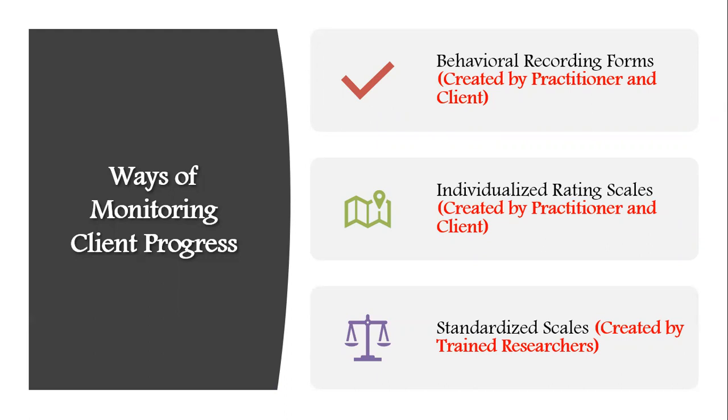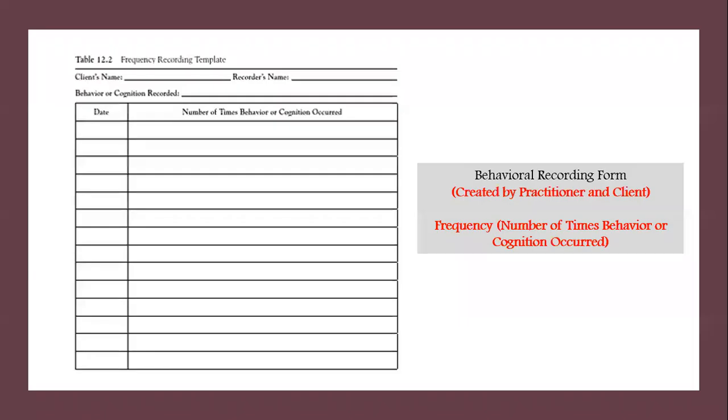And then you also have assessment tools that are very individualized for your client and that are typically created in collaboration between the practitioner and the client. Two ways of monitoring client progress that are very practitioner and client driven are behavioral recording forms and individualized rating scales. So let's talk about those.